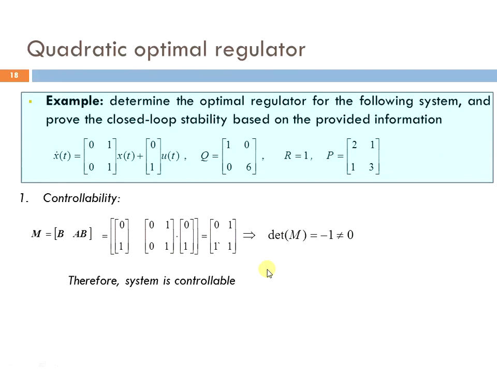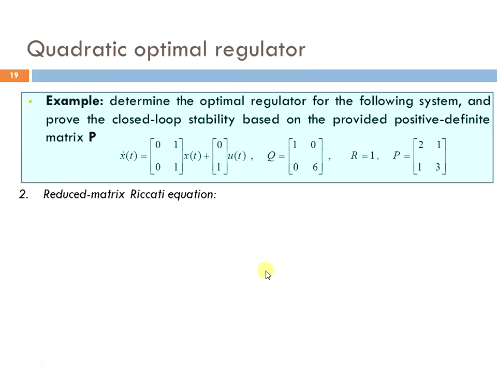Now the next step in the quadratic optimal regulator design problem is to determine the positive definite matrix P, which satisfies the reduced matrix Riccati equation. Restated here, it's A transpose P plus PA minus PB R inverse B transpose P plus Q equal to 0.